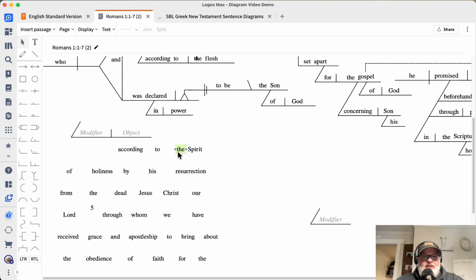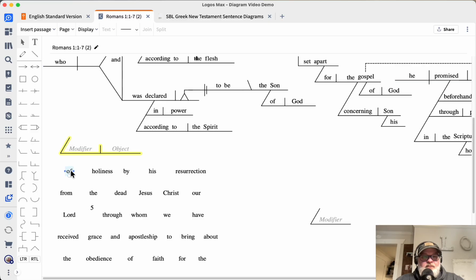And so, again, according to is acting as a single unit. So I'm going to go ahead and put this Spirit here. And then the Spirit of holiness, as a prepositional phrase, is modifying Spirit.